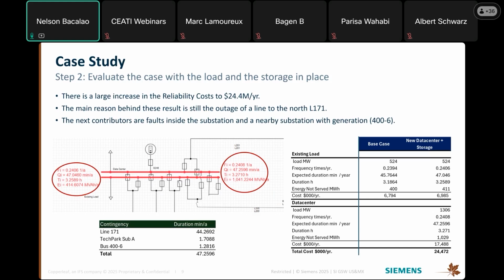All right, so that's our situation. We have 47 minutes of interruption because of this large load that we're supplying. Then we're talking about an energy not served of over 1 gigawatt hour, or $17 million per year of cost to the load for not having these investments.